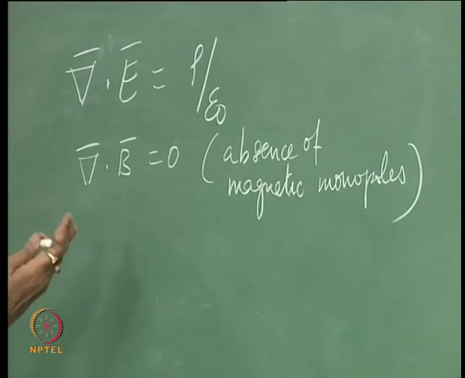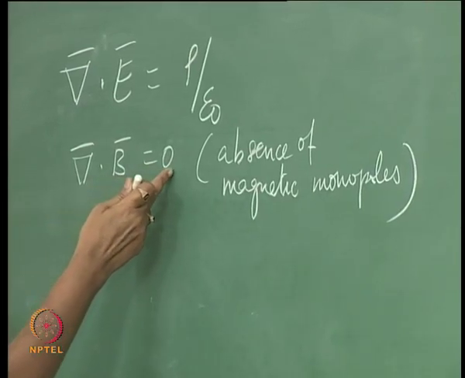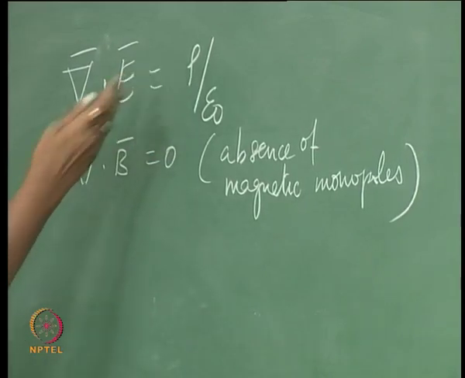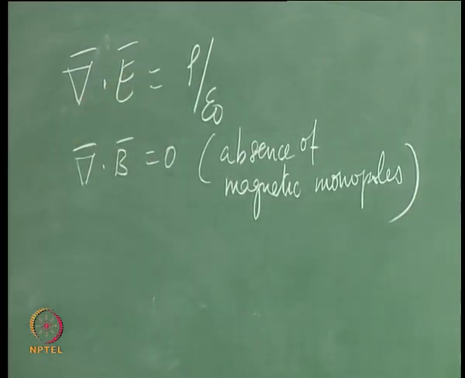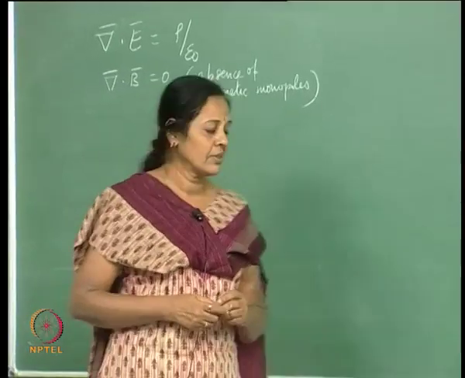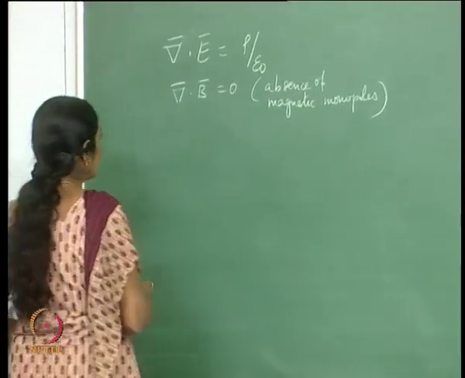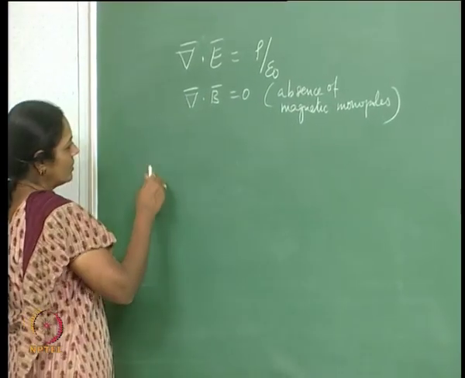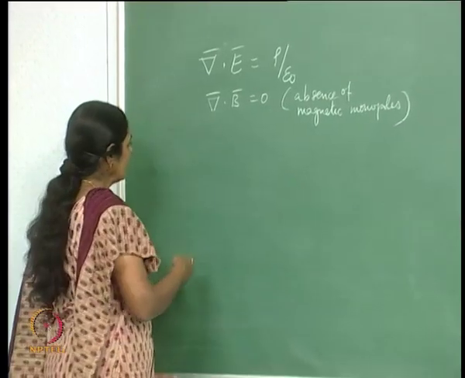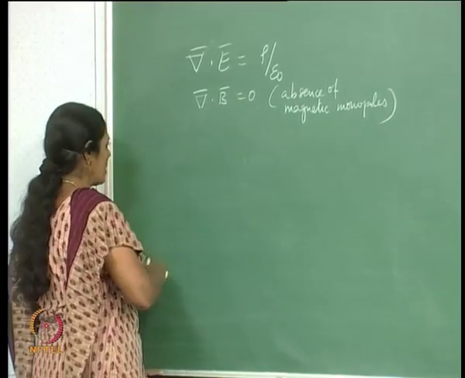Of course, if you had magnetic charges, you should put a rho sub m here, analogous to the rho that we wrote there. This is what you would have in the absence of magnetic monopoles. In order to worry about whether a monopole exists or not, let us follow Professor Dirac's logic.